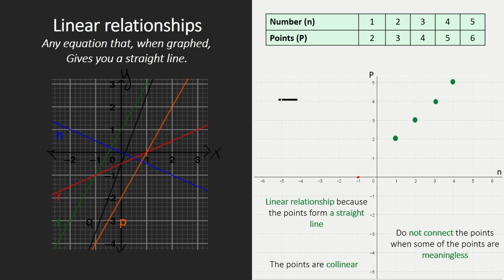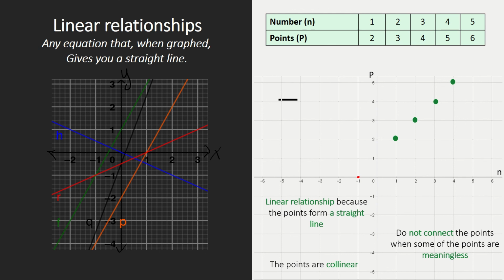However, it's really meaningless since we do not have a minus 1 diagram. There is no number minus 1 that we can see. So therefore, it's meaningless. And we do not connect the points.